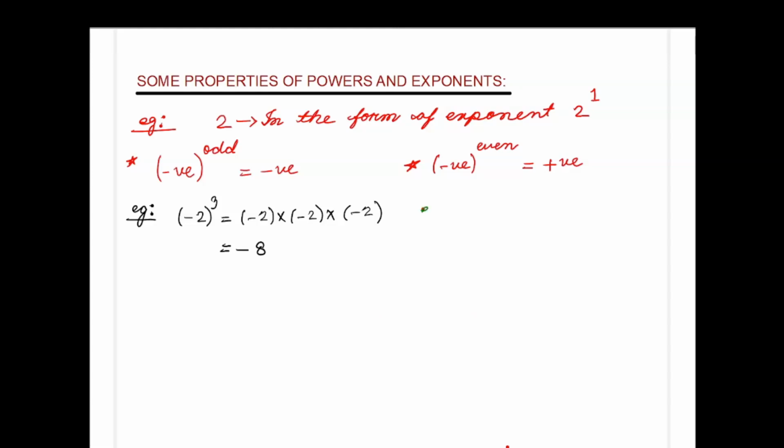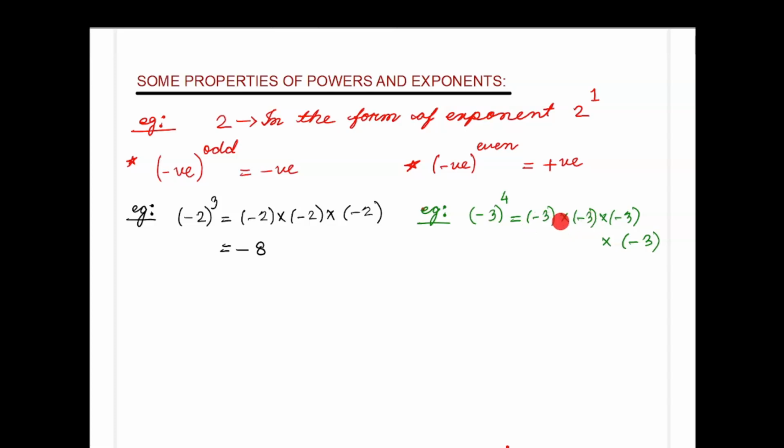For this, we will take another example: minus 3 to the power 4. That means minus 3 into minus 3 into minus 3 into minus 3. See here, negative into negative is positive.